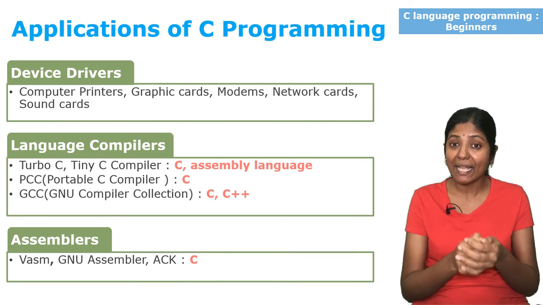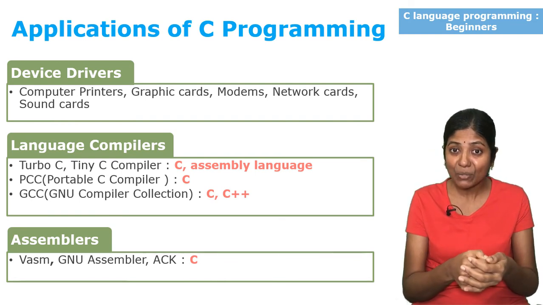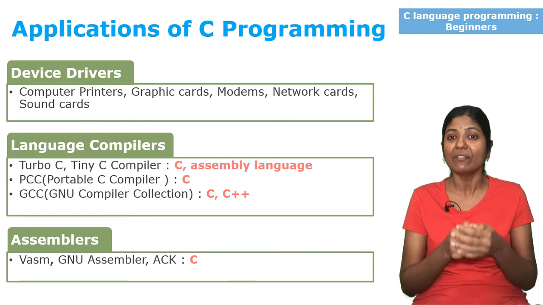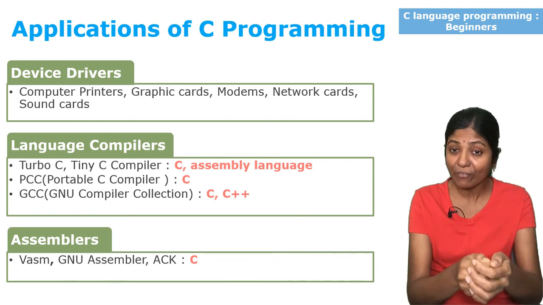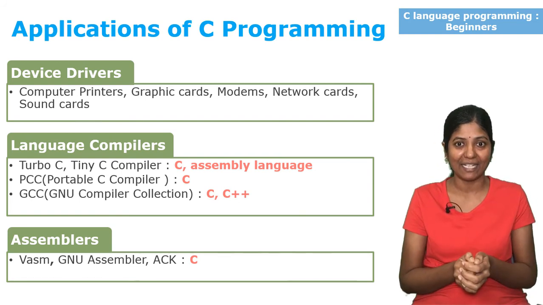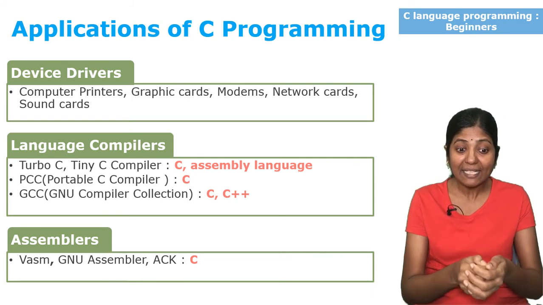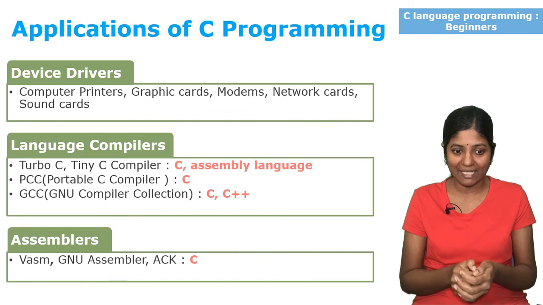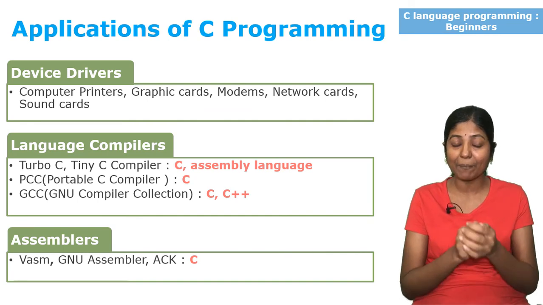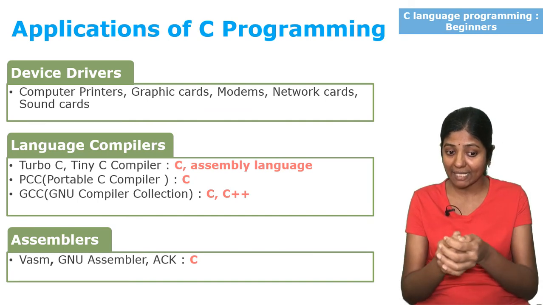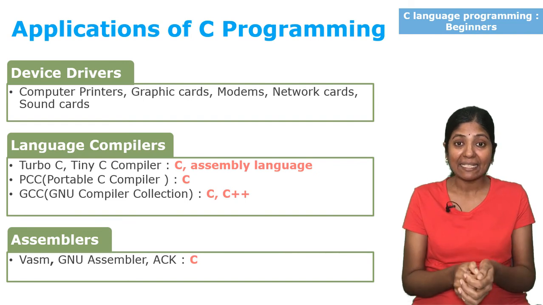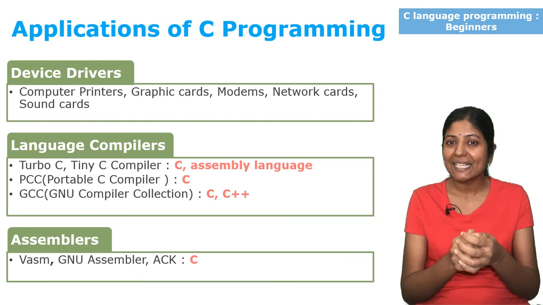So, to translate that high-level language code to machine code, we need to make use of software called a compiler. It is also a collection of programs, and examples of compilers are Turbo C, Tiny C compiler, PCC, Portable C Compiler, and GCC, also developed using C language.